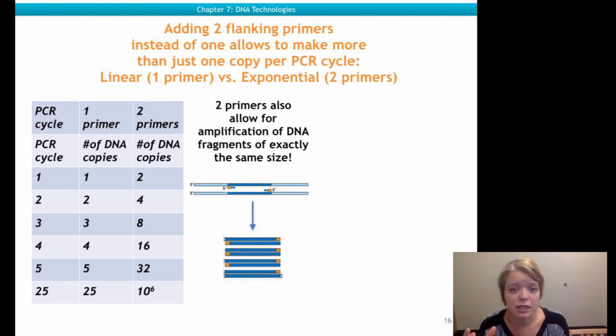The other realization is that if you use two primers, you can really define the area that the DNA polymerase will amplify, and not produce a bunch of fragments of different size depending on when the DNA polymerase fell off the template.